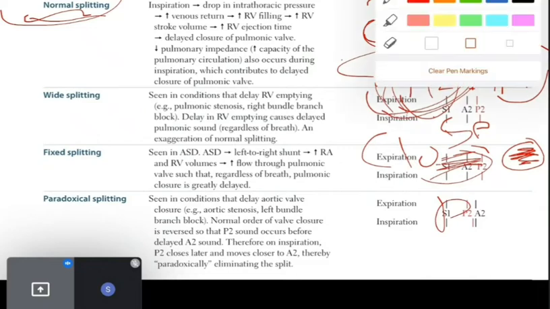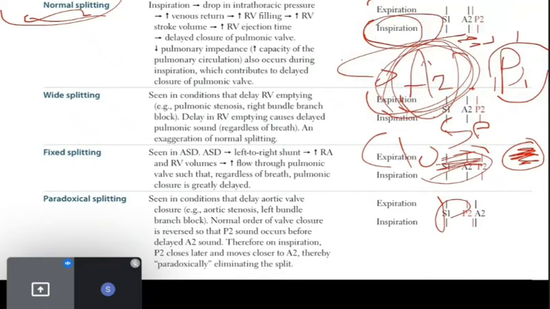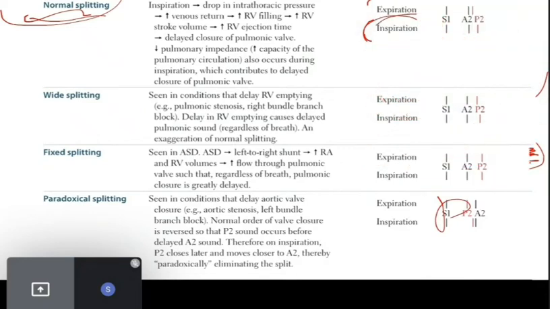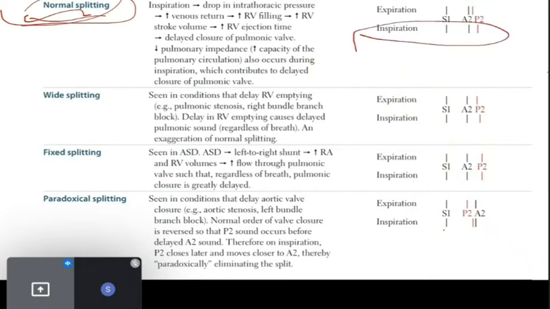Now we want to know, why does this happen? Look here, in the normal, why do we have splitting in inspiration while we don't have any gap in expiration? The reason is simple here.